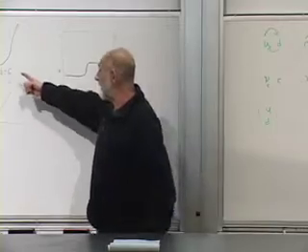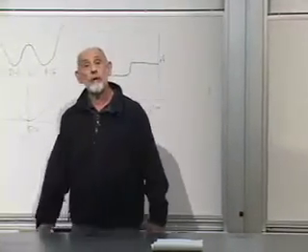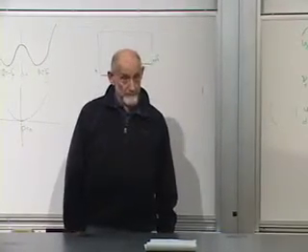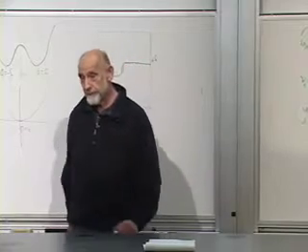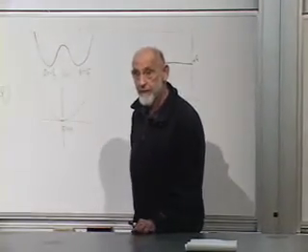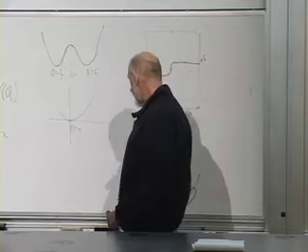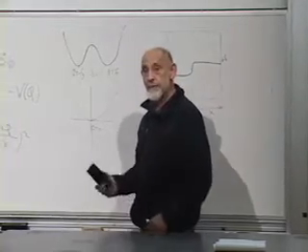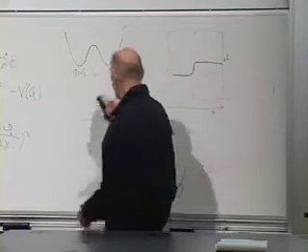Now in this case, you could ask what would correspond to explicit symmetry breaking? Anybody guess? Adding enough energy to put it over the hill? No. One lower than the other. One lower than the other. Yeah, that's right.